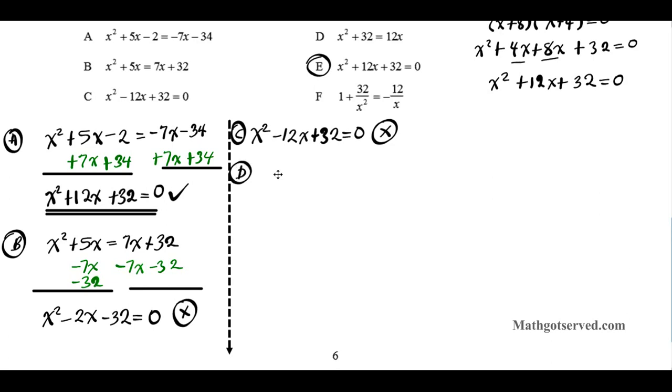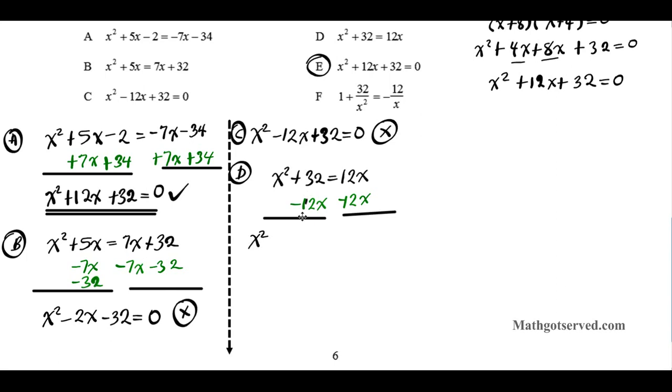Let's shift our attention to option D. We have x squared plus 32 equals 12x. What we're going to do is put this in standard form. So to accomplish that, we'll just subtract 12x from both sides. And then when we subtract 12x from the left side of our equation, we're going to have x squared.